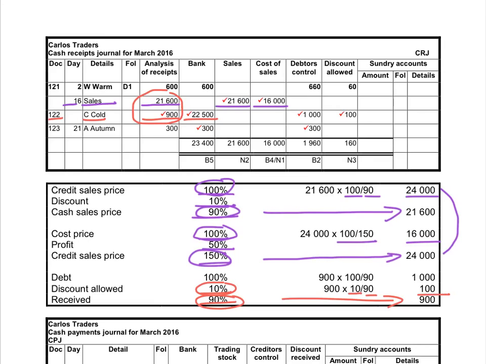So discount allowed is 100 Rand. We will reduce his account with the 900 that we received plus the 100 Rand discount, and in the debtors control account we will show that his account will be reduced with a total of 1,000 Rand.